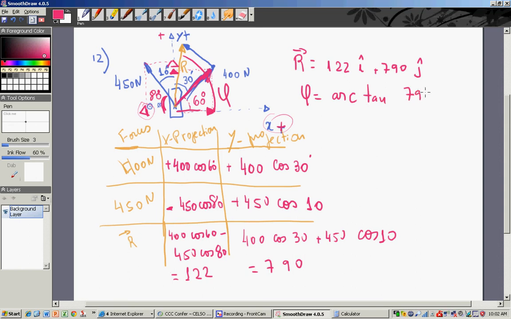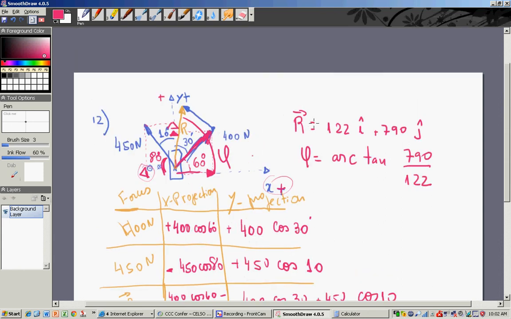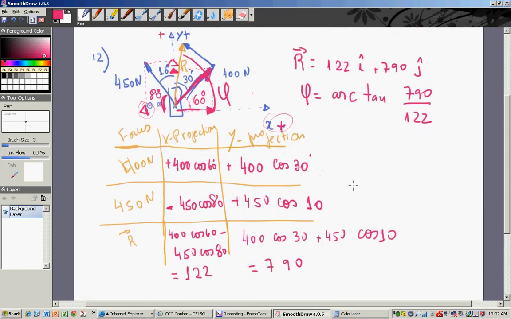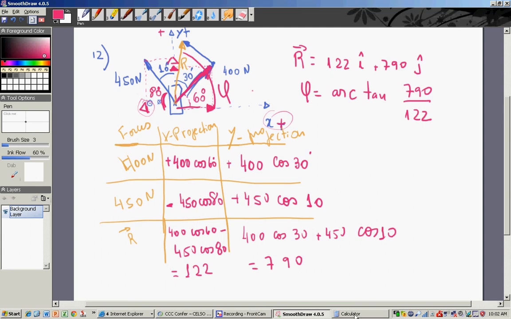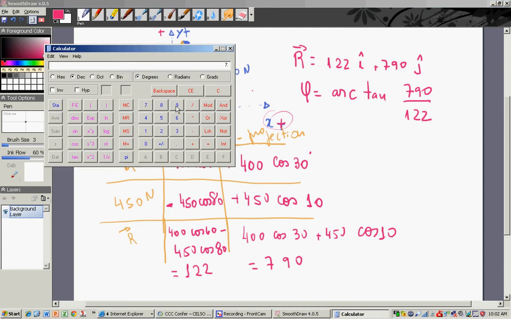If I want to find the direction, this angle phi right here, it is the arc tangent of 790 over 122. And it's going to be in the first quadrant. And that's how we do that part.